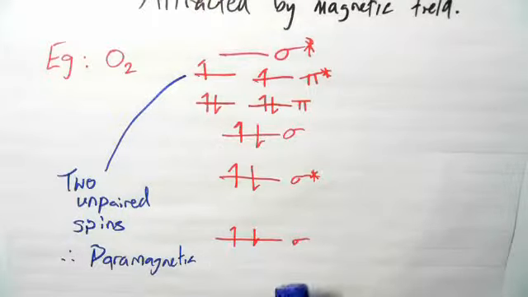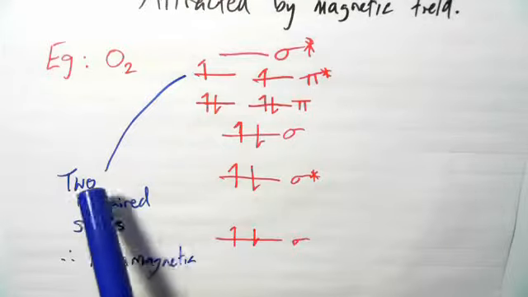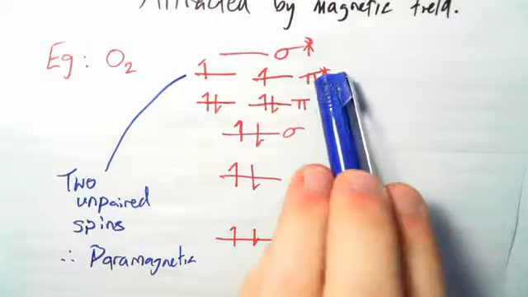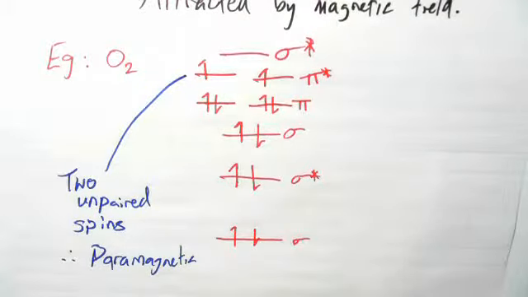You have orbitals filled with 2 electrons each, and you can see in oxygen you've got 2 unpaired electron spins in this pi star, which is an anti-bonding orbital up here, and that actually causes the oxygen diatomic molecule to be paramagnetic. So if you put liquid oxygen through a magnetic field, it actually does get attracted to it and it sticks to the magnet, which is a very cool experiment to do.